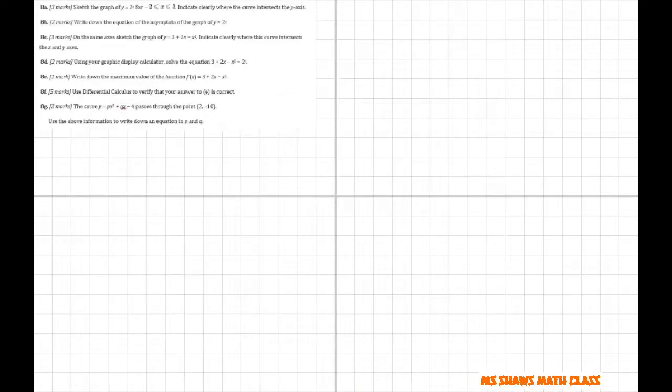So basically it says sketch the graph for y equals 2 to the x from -2 to 3. So we know at 0, because they indicate where the curve intersects the y-intercept, 2 to the 0 equals 1. So we can plug that in.